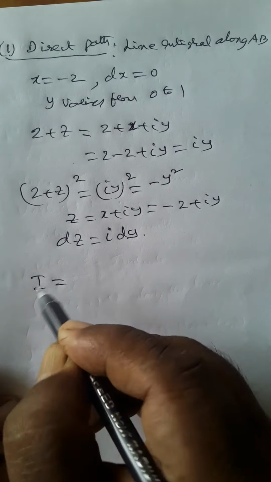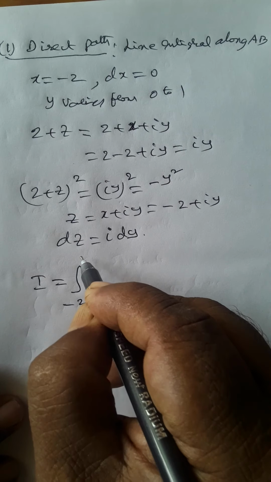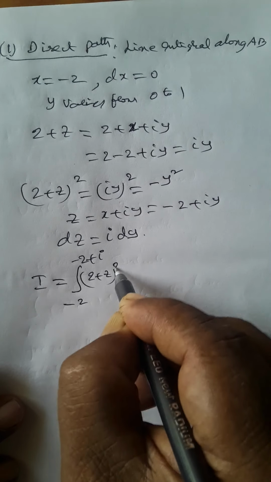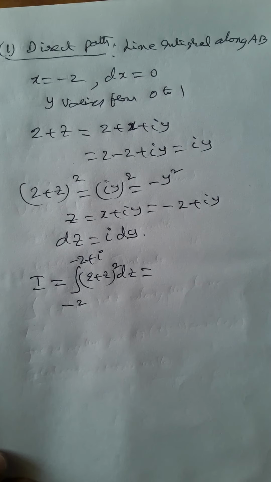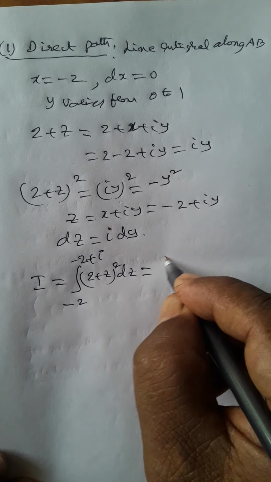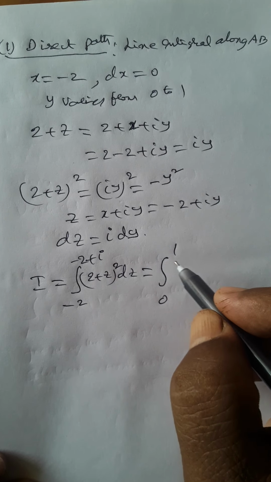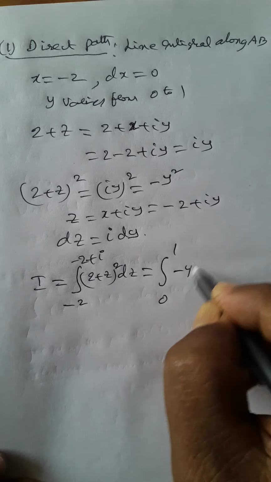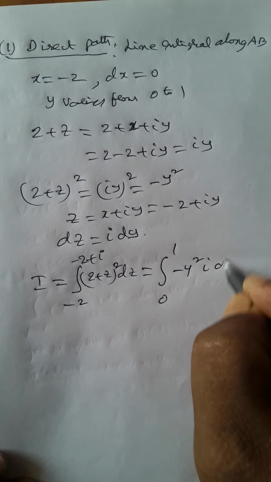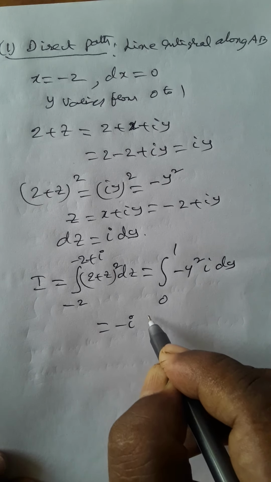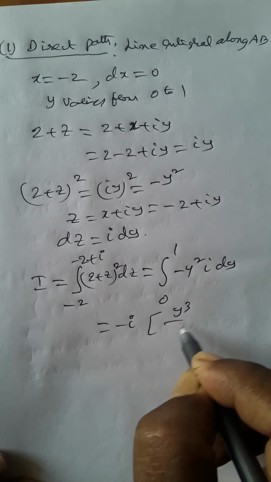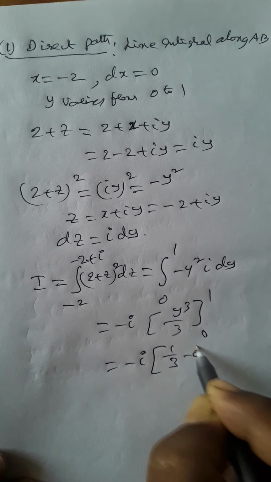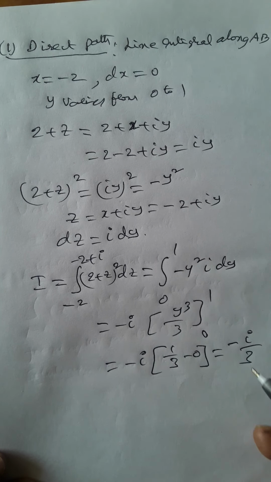Therefore, I is equal to the integral from minus 2 to minus 2 plus i of (2 plus z) whole square dz. Here y from 0 to 1, (2 plus z) whole square value is minus y square, dz is i dy. So minus i times the integral of y square, which is y cube by 3, from 0 to 1, minus i times (1 by 3 minus 0), giving minus i by 3.